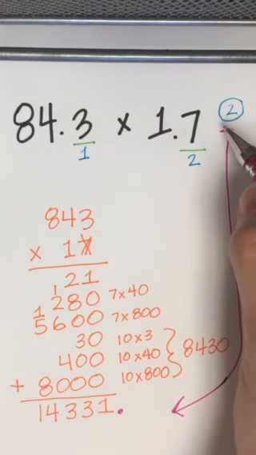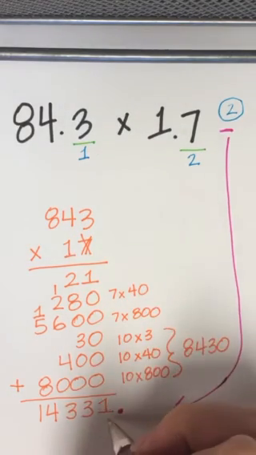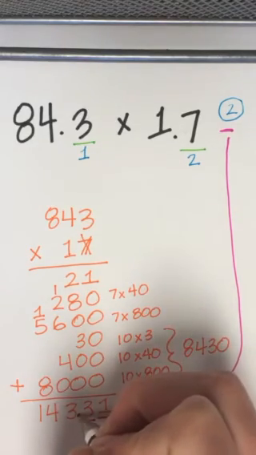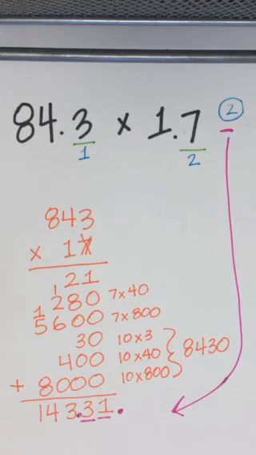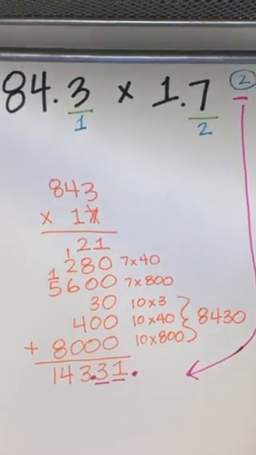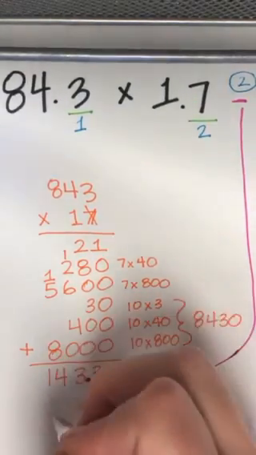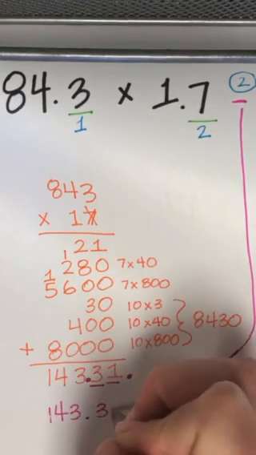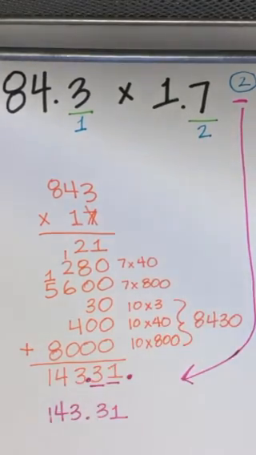I need 2 decimals in my answer, so I'm going to move this decimal over 2 places and put it in between the 3 and the 3. So the actual answer is 143 and 31 hundredths.